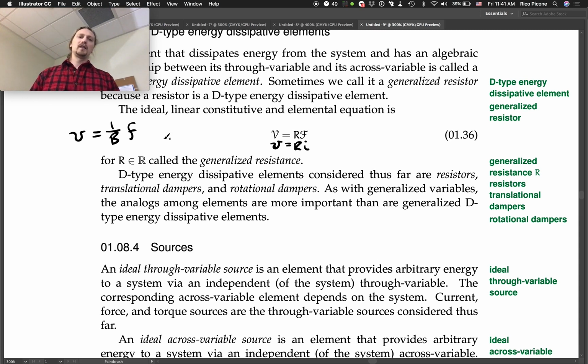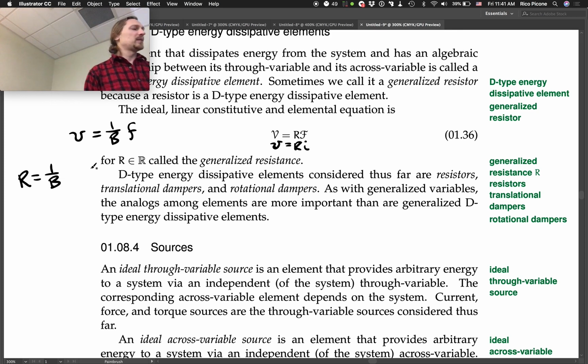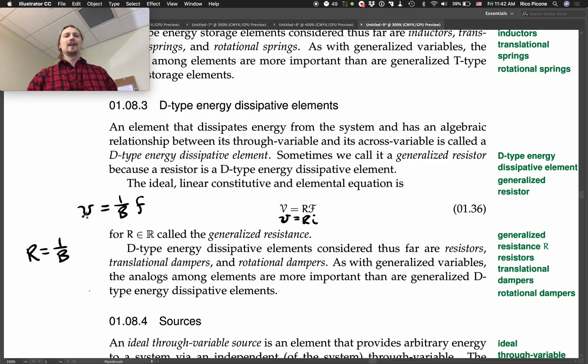And this is inverse, so if you were to write R for a mechanical system, R is just 1 over B, okay? I think I have a table that summarizes all this stuff, it might be in the next chapter. So R for a damper is that.